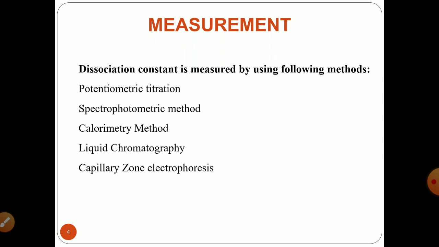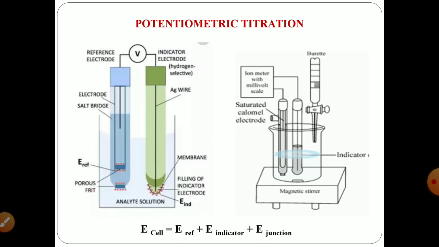The next method focuses on separation and isolation of the compound by means of liquid chromatography, and the last method we will discuss is capillary zone electrophoresis. Let's first focus on the potentiometric titration method.